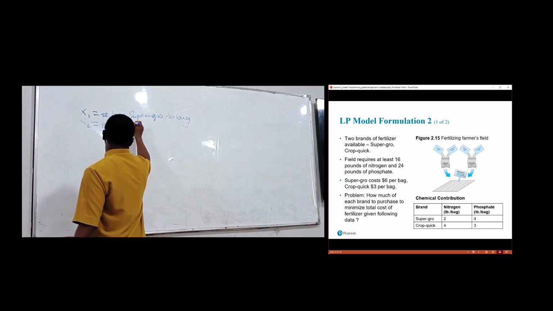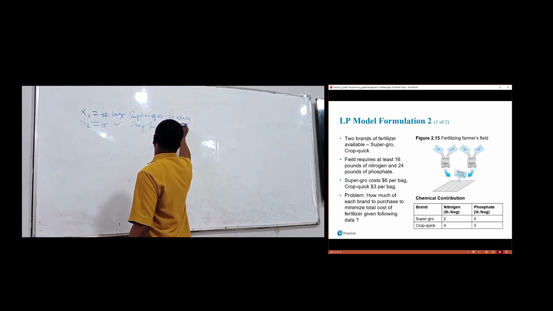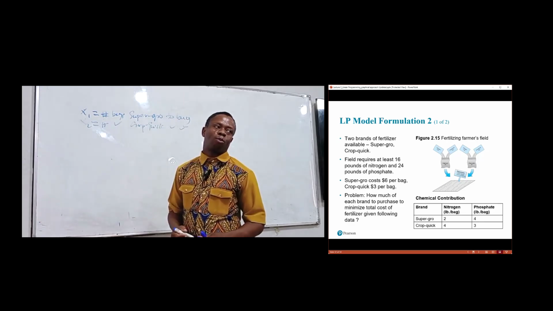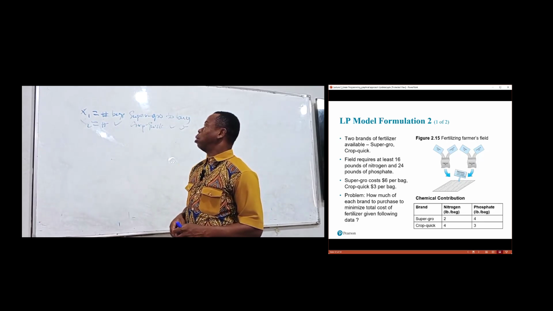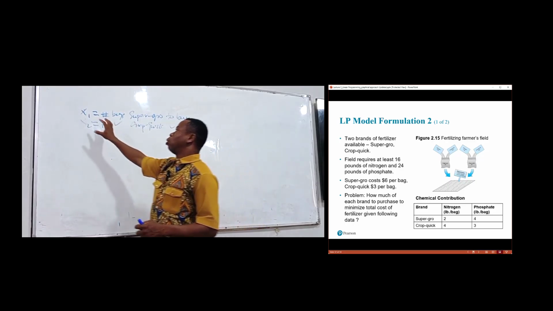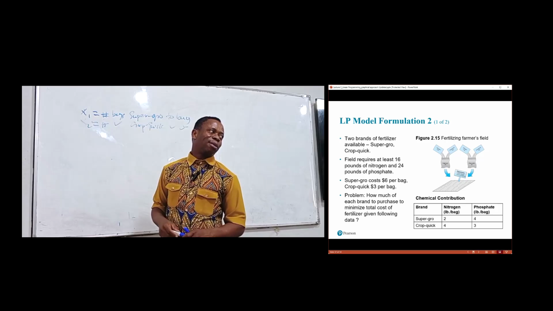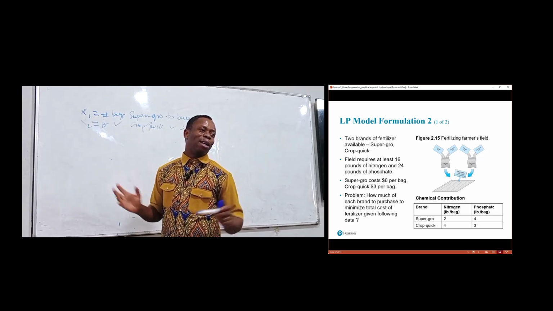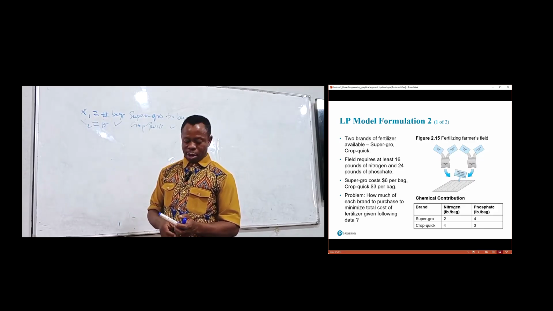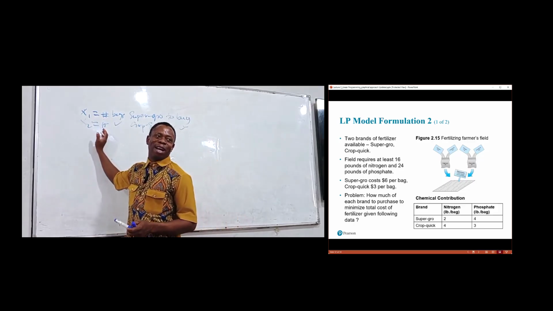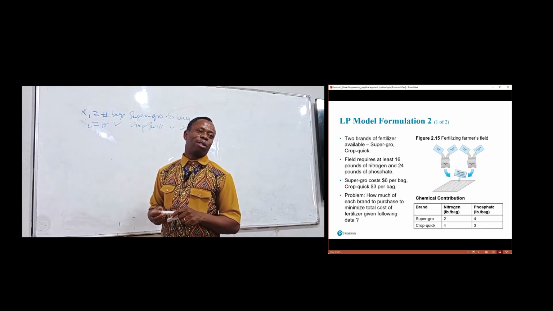CropQuick to buy. If you are able to identify these variables, then you have solved a problem. That's really where the problem is. But if you cannot identify which one is X1, X2, then you can't solve it.